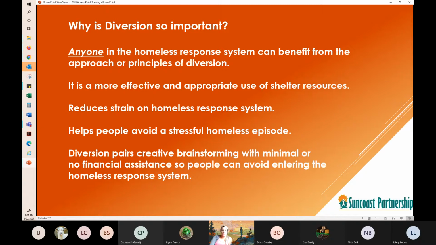Like it says here, it reduces the strain on the homeless response system. We have to keep in mind that the more clients that we have entering into the system, we have to continue to monitor and manage and ensure that those clients are connected to housing intervention services eventually.